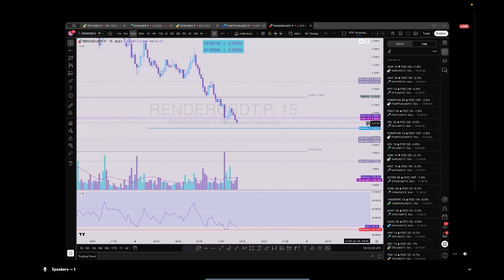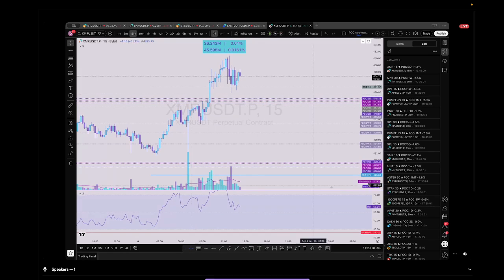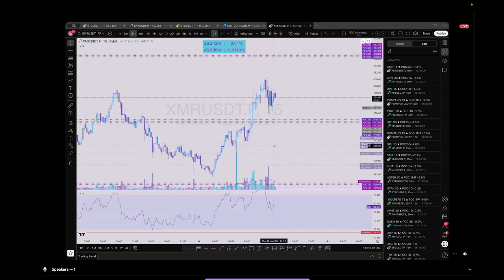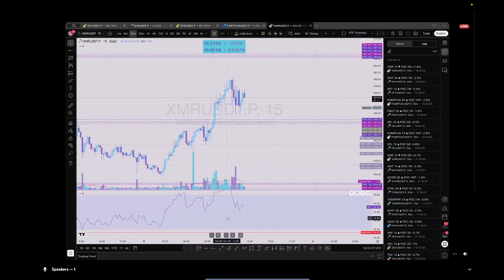So render node, there is not enough room on the RSI. Okay.